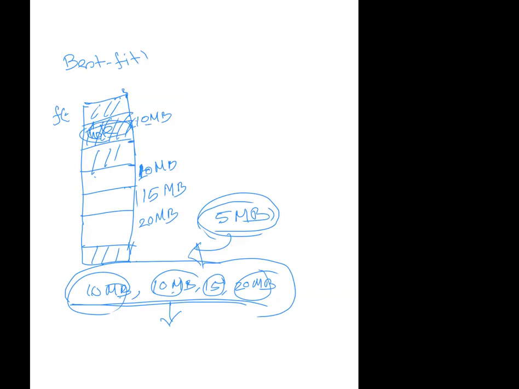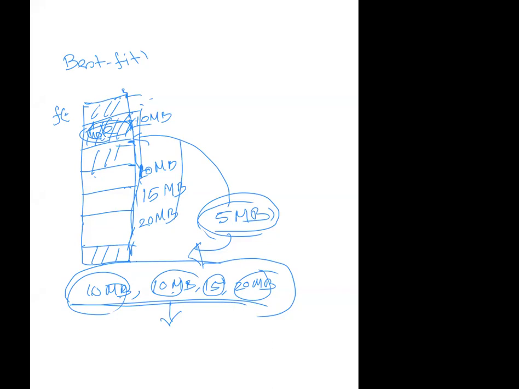It just searches from here and then here, finds it good enough to insert the 5 MB process, and inserts the process in this hole. It never travels the entire address space. But in best fit, you must travel the entire address space to figure out all the holes that are good enough to fit this process, and from these you have to figure out the smallest one.